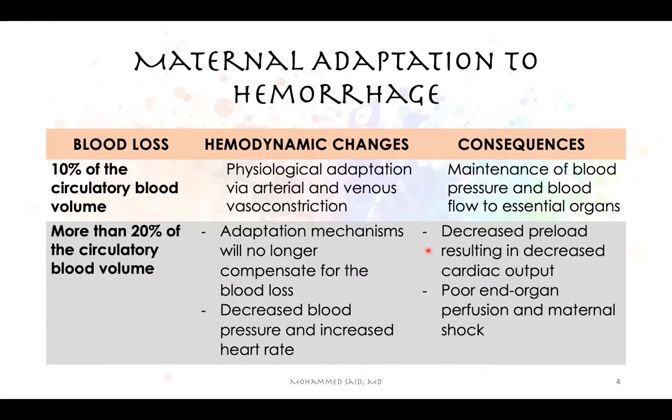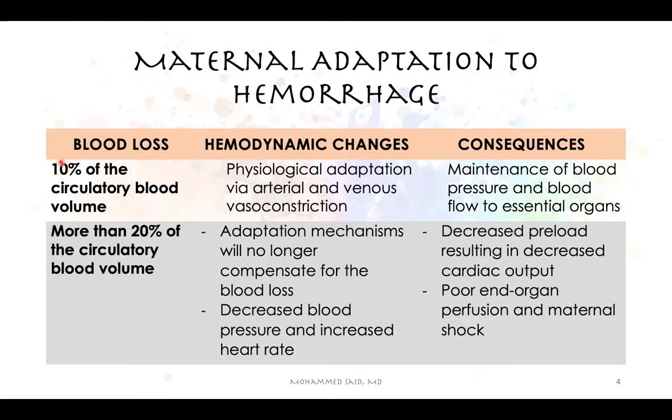So now we're going to talk about the maternal adaptation to hemorrhage. What's going to happen if a pregnant woman starts to bleed? For the first 10% of their circulatory blood that women lose, the body is going to take care of it. The physiological adaptation is that the body redistributes the blood to the most important organs, which are the brain, heart, and adrenals, and switches it away from the less important organs.